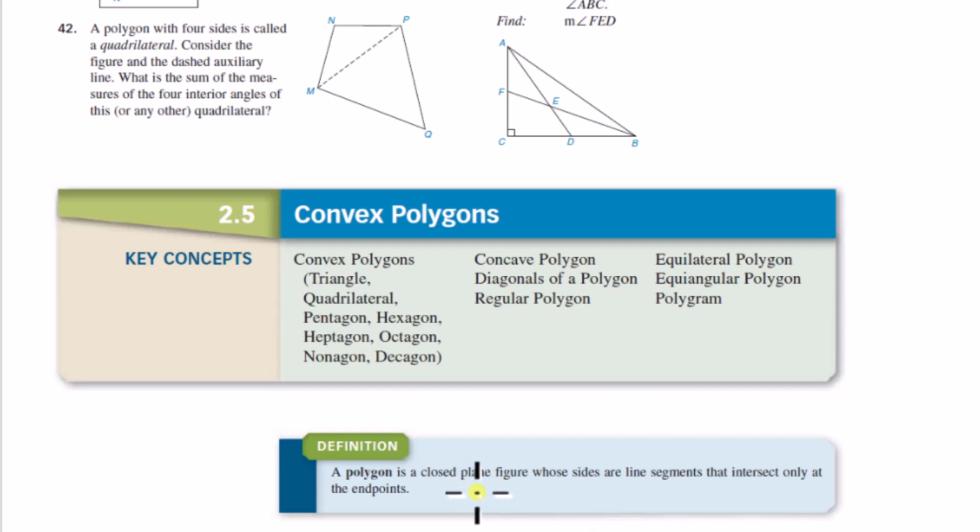Every figure that we've worked with so far has been a planar figure, and the majority that we're going to work with in this entire course are going to be planar figures. But this planar figure has sides that are line segments, and it is also closed.